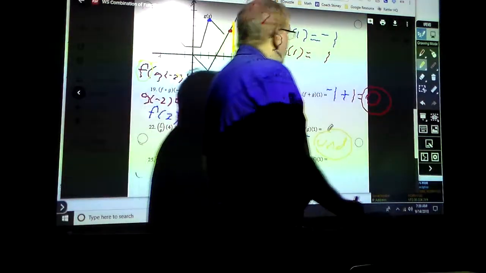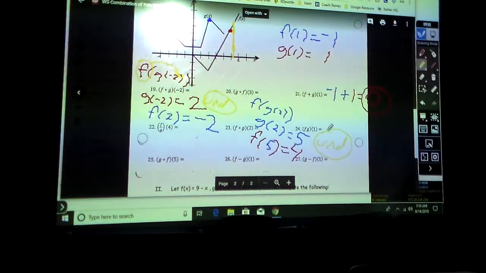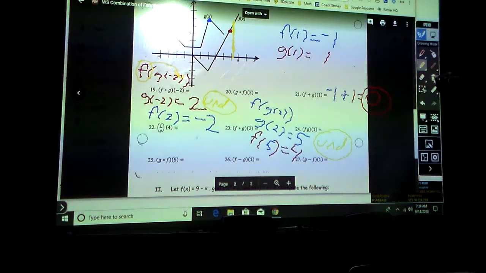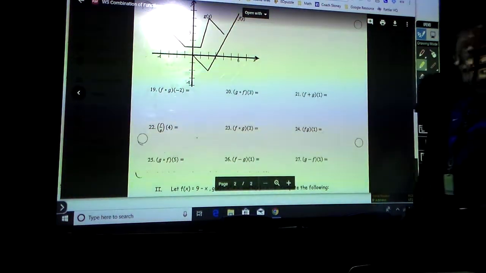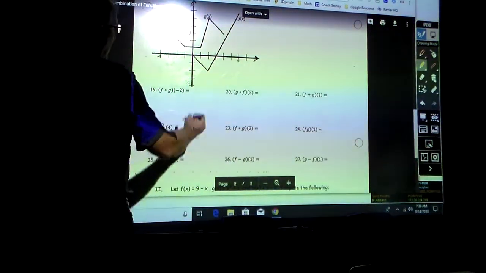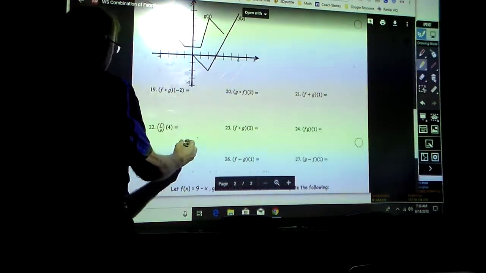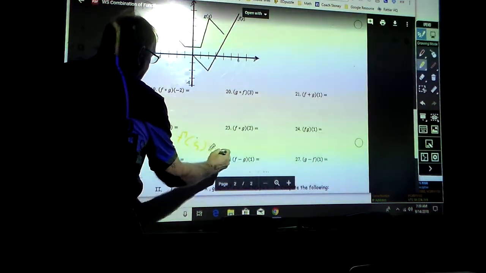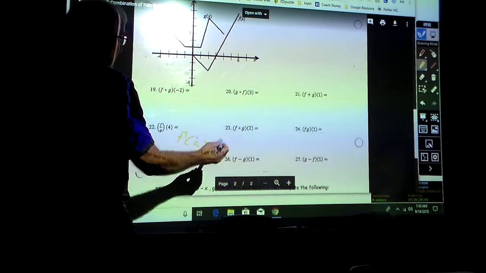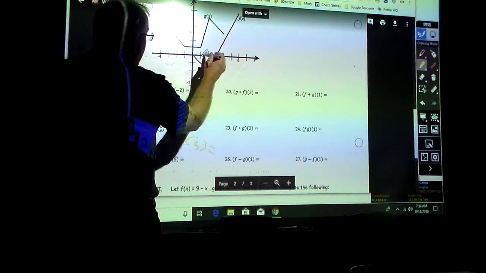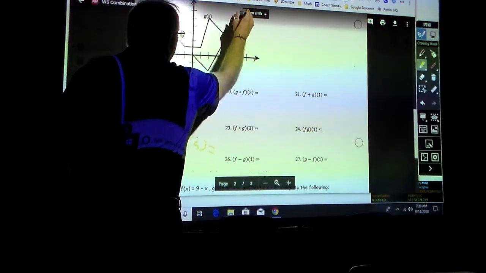So let's look at problem 25. I'm going to trash all these out of here. I got stuff everywhere, hard to see. All right, so let's look at problem 25. 25 says g of f of 5. Well, first off, that means take your f of the 5 and get it. But we just talked about this in the previous problem. Is there a g at 5?